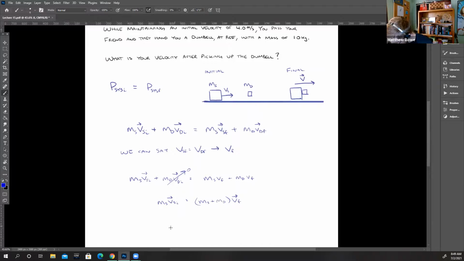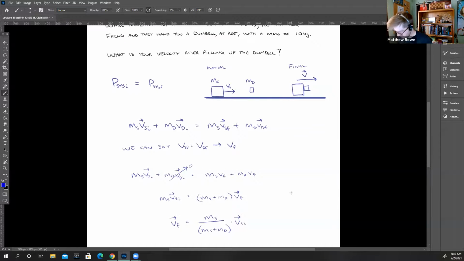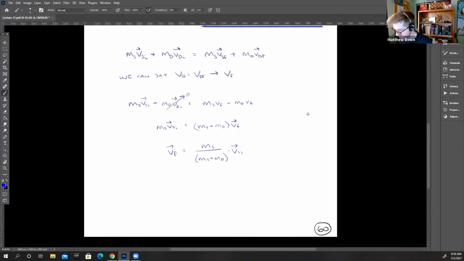I like having the term I'm solving for on the left, so I'll just flip this over. So we have the mass of the skater over this combination of the two. All of this stuff is given already, so we can find this final velocity.